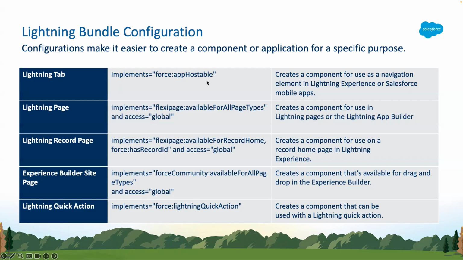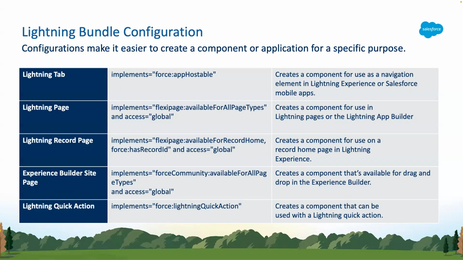Now, what do you understand from implements? Implements means interface. Interface, exactly. So it is allowing me to implement the interfaces. Why? Extend can be only one. Implement can be multiple. We have seen the OOPS concepts in Apex. So basically, this is the same thing.